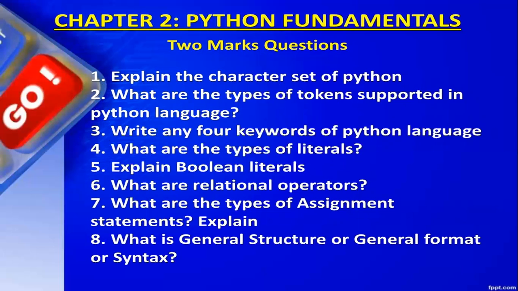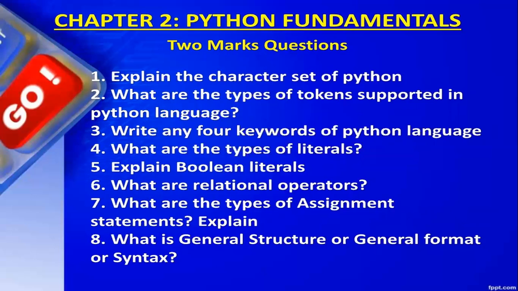Explain the character set of Python. You're going to explain. Before we just had to write it in 1 line, here you're writing in 2 lines. What are the types of tokens supported in Python language? Write any 4 keywords of Python language. What are the types of literals? Explain Boolean literals.